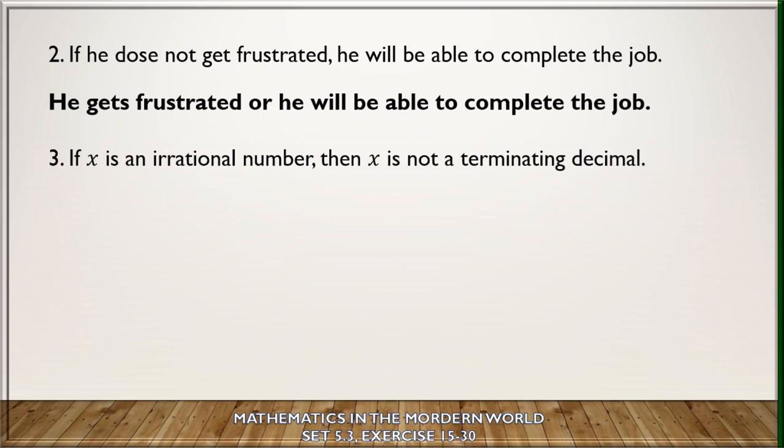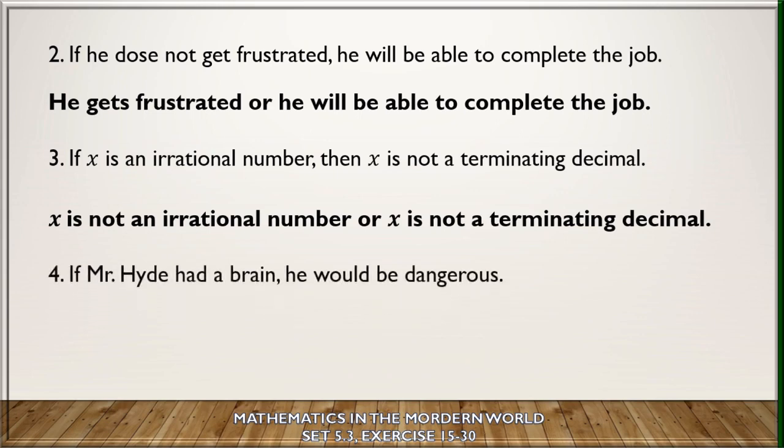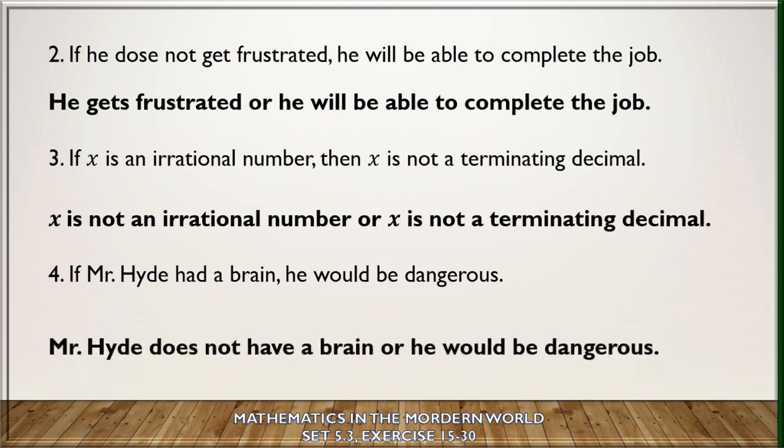So write it again, it will be x is not an irrational number, or x is not a terminating decimal. Number 4, if Mr. Heidi had a brain, he would be dangerous. So to write it again, it will be Mr. Heidi does not have a brain, or he would be dangerous.